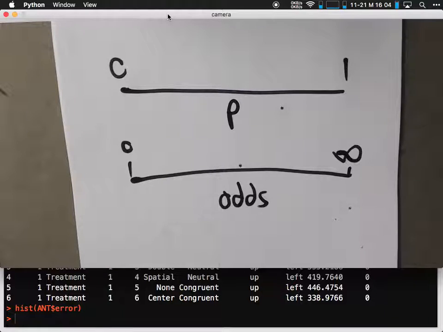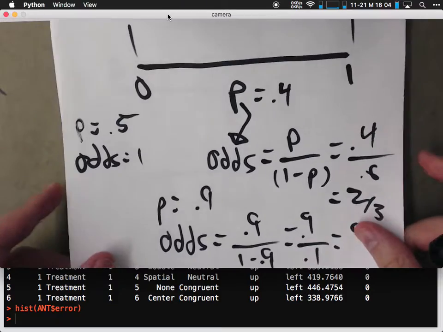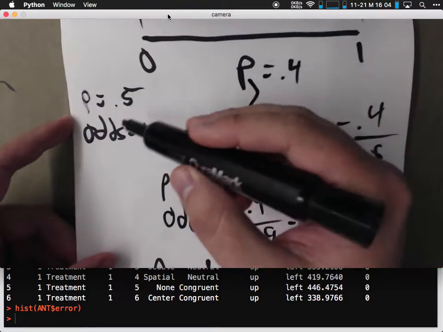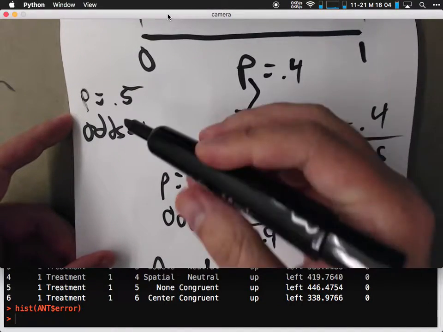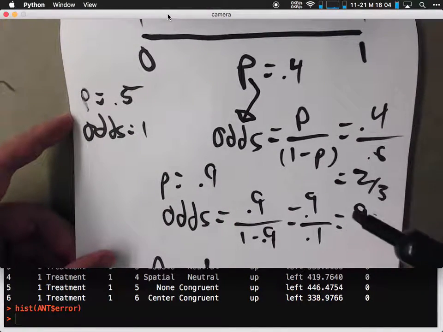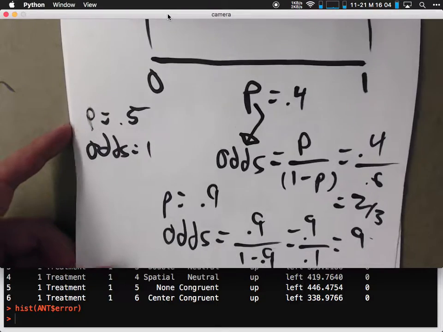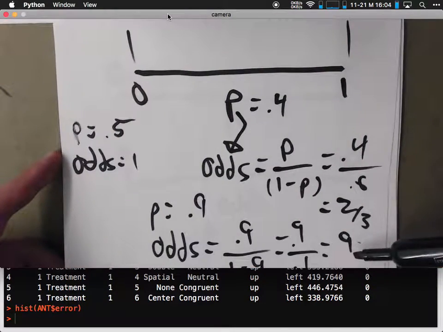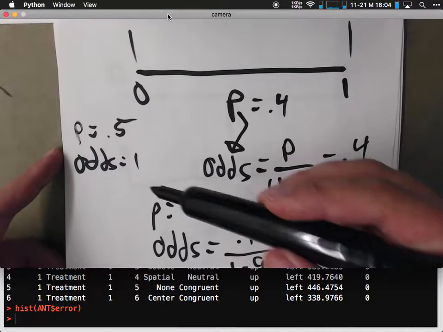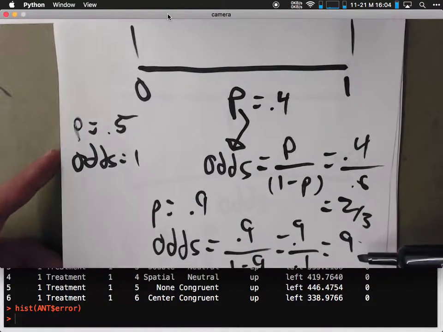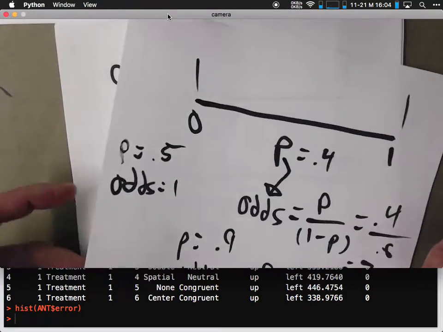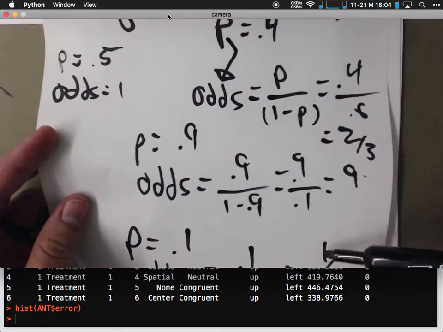Because if you notice, 0.5 being a nice equality point, equal movements away from 0.5 in favor of 1, changing the proportion from 0.5 to 0.9, jumps it up by a whole bunch, from 1 to 9. But moving from 0.5 to 0.1 moves it down only to 1/9.